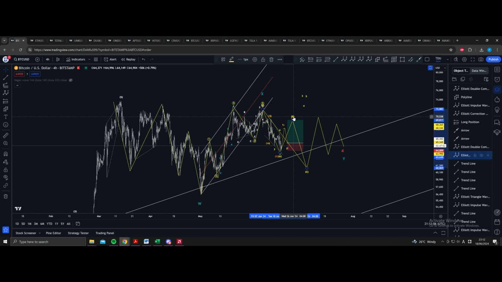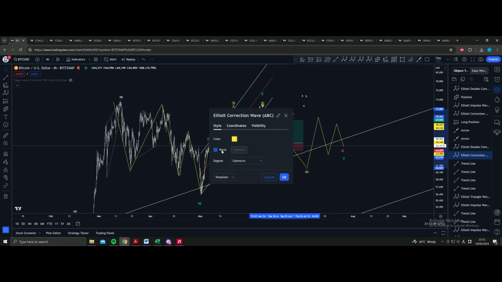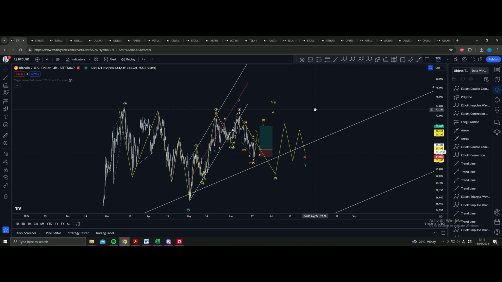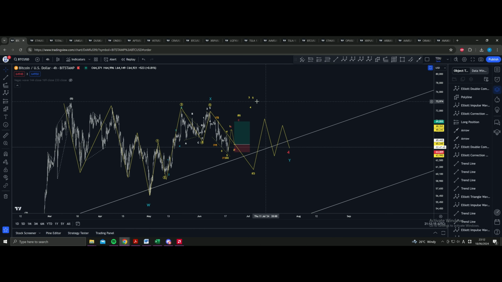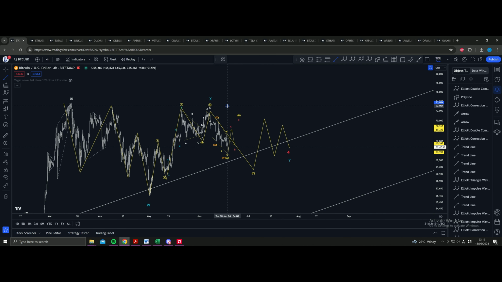And I'm gonna remove the wave. So this would be our corrective pattern.